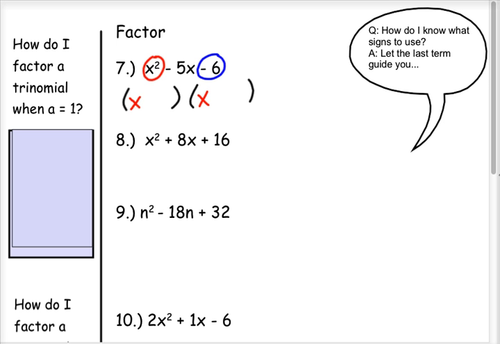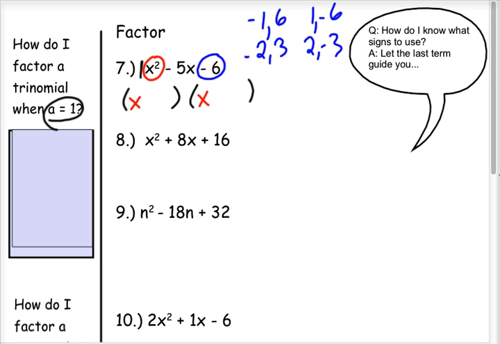Then I look at that negative 6. All right, that negative 6 can come from 1 and 6, 2 and 3. However, to multiply to be a negative means one of the numbers in our list has to be negative. So, now remember, this is the case where a is 1.